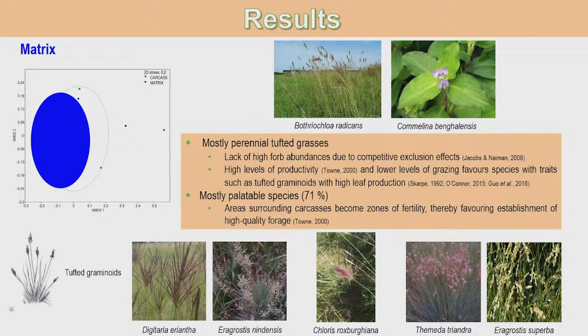And then also the high levels of productivity, together with lower levels of grazing a bit further away from the carcass, might have favored the establishment of tufted grasses with high leaf production. And then interestingly, most of these species were also palatable, and this supports the notion that areas surrounding these megacarcasses become zones of fertility, favoring the establishment of high quality forage.